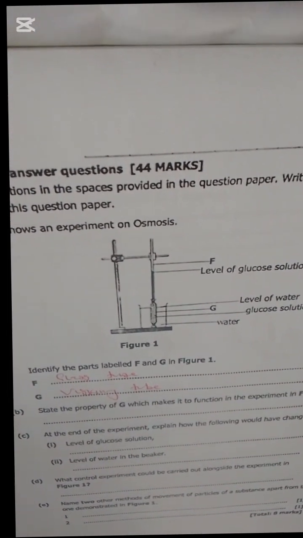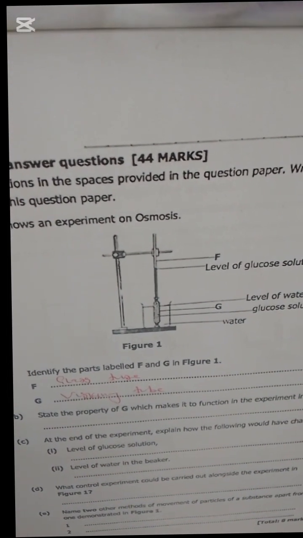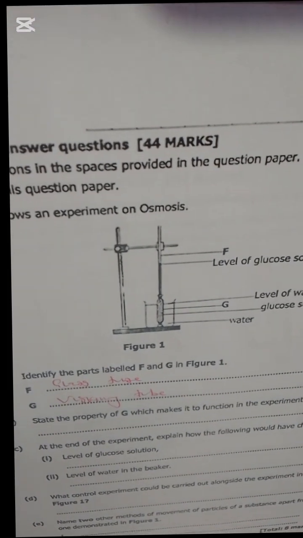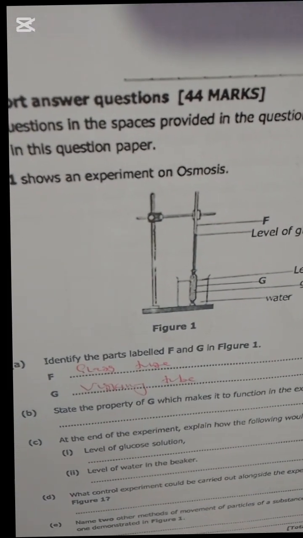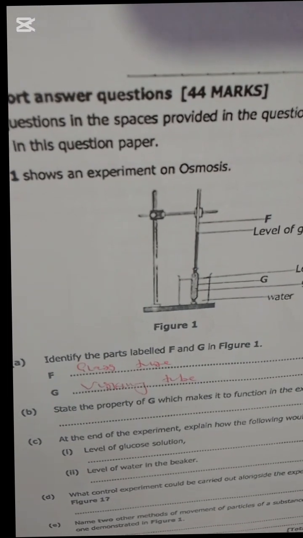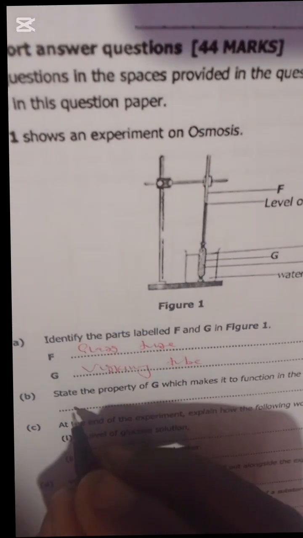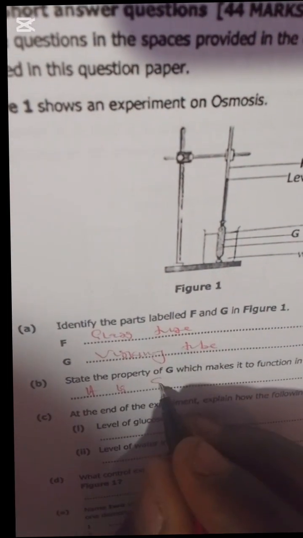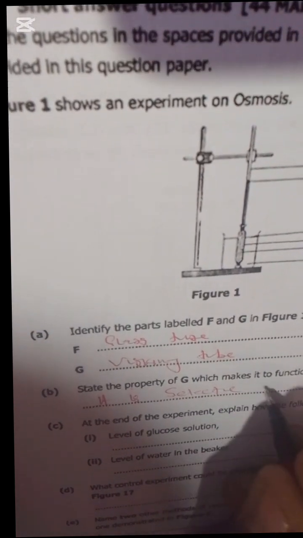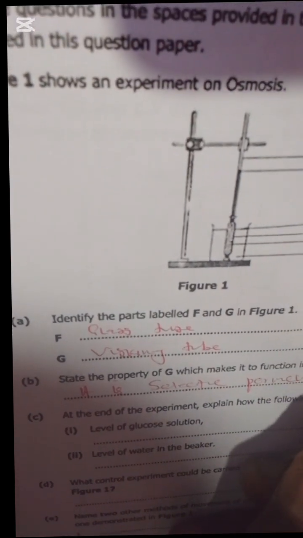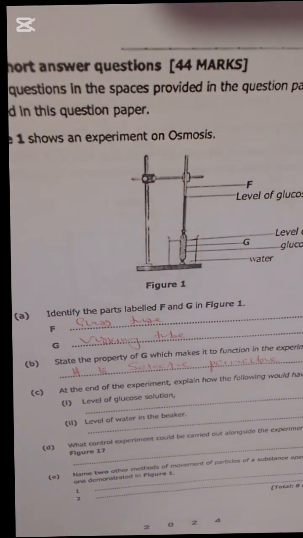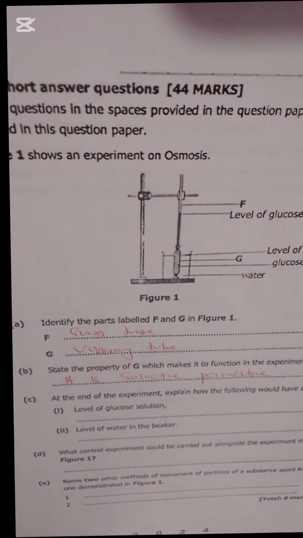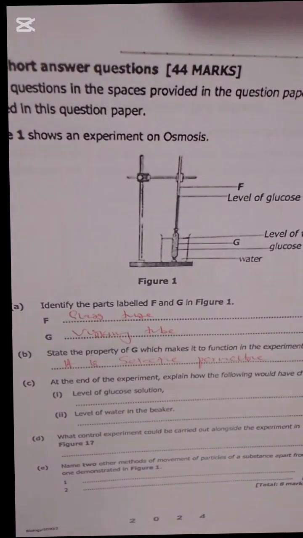For osmosis to take place, there has to be a selective permeable membrane. And mostly the whisking tube is used because it is selective permeable. So the property of the whisking tube that makes it function in this experiment is that it is selective permeable. When I spoke on cells, I mentioned that the word permeable means allow.